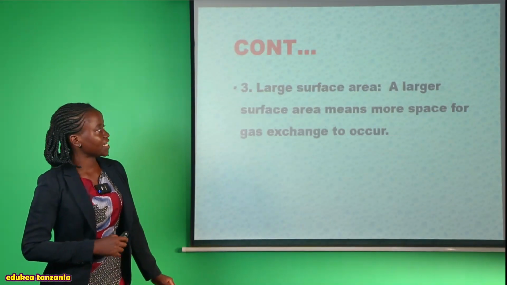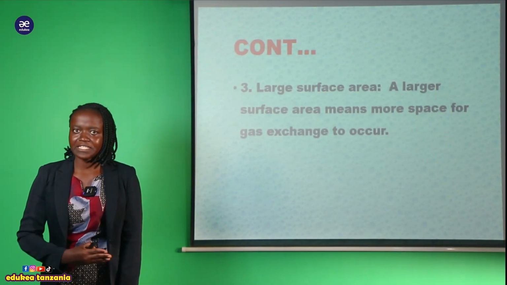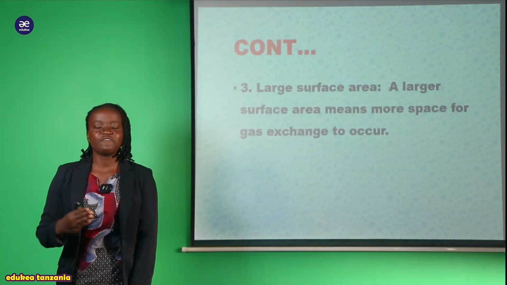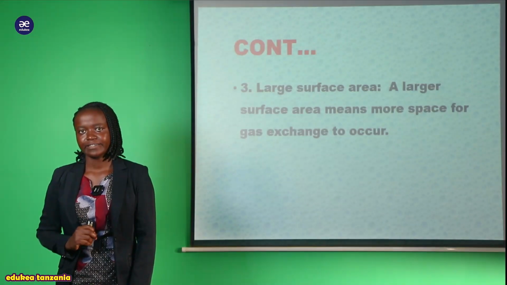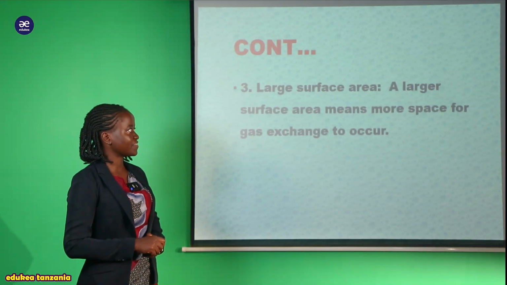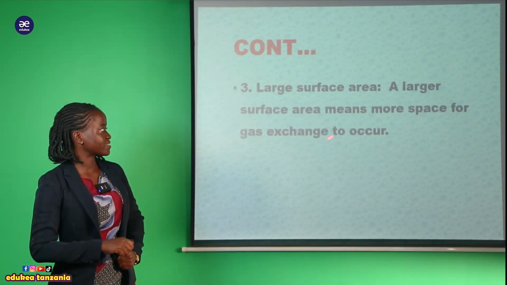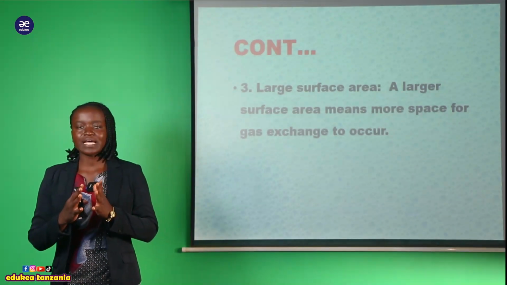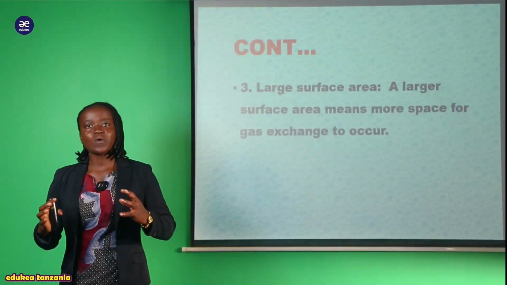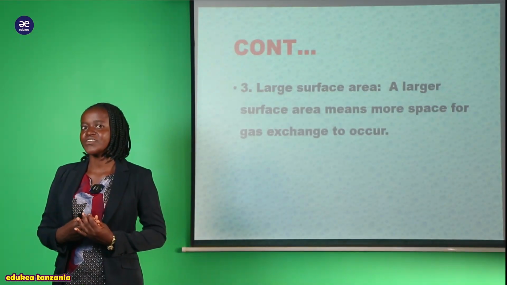But also we have another feature, that is a large surface area. So any respiratory surface should have a large surface area. Hiyo large surface area inakuwa na kazi gani? And here we are saying that a large surface area means more space for gas exchange to occur. Inatakiwa kuwe na sehemu kubwa. Ile sehemu kubwa ndio ambayo inasaidia sasa gaseous exchange iweze ku take place very easily.